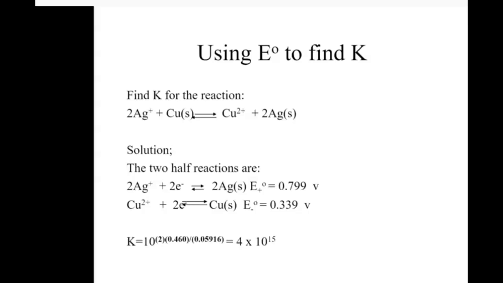So this is a concrete example. And one thing that we see in an example such as this one, this is the typical silver copper cell that we talked about earlier. You can see from a voltage difference of 0.46, because that's what this difference comes to, we have a very high value of K. So clearly the value of K itself is a further measure of the drive of that particular potential.